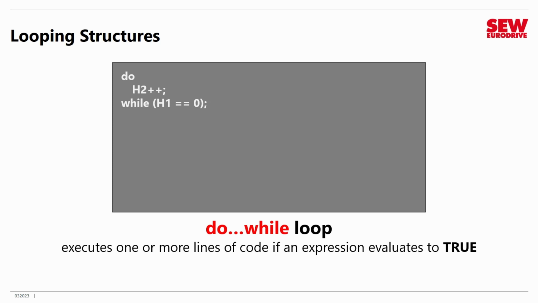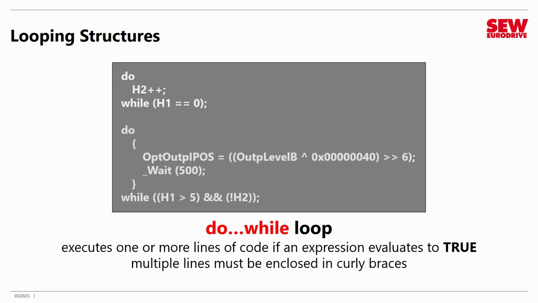So it's basically saying do the loop while H1 is 0. So as long as H1 is 0, it's going to keep looping and incrementing H2. So do note that semicolon at the end. That's important.